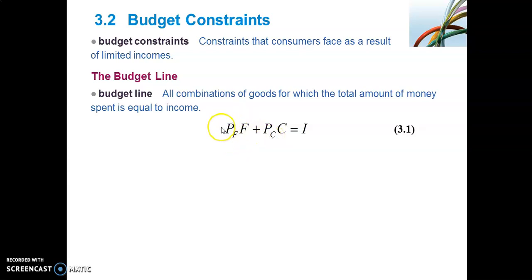So this portion here represents the amount that would be spent on food, and this represents the total amount that would be spent on clothing. And we are saying that the total amount of money spent is equal to the income. We are ignoring the possibility of saving. So the entire income is spent on the combinations of food and clothing.